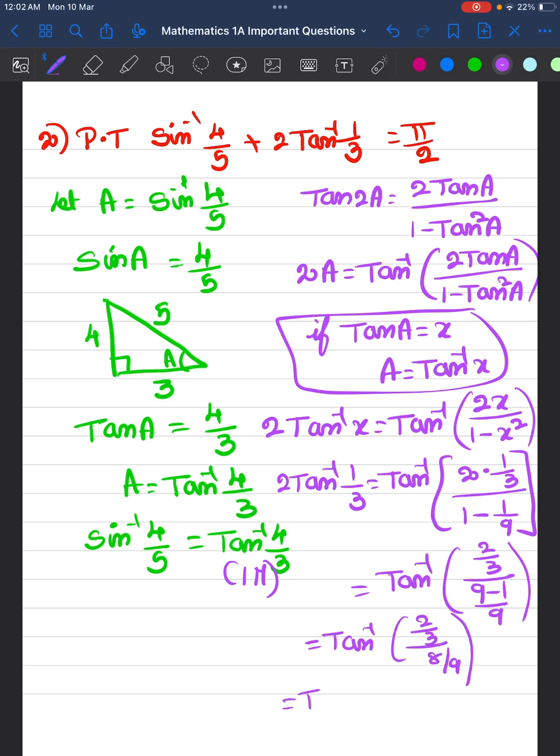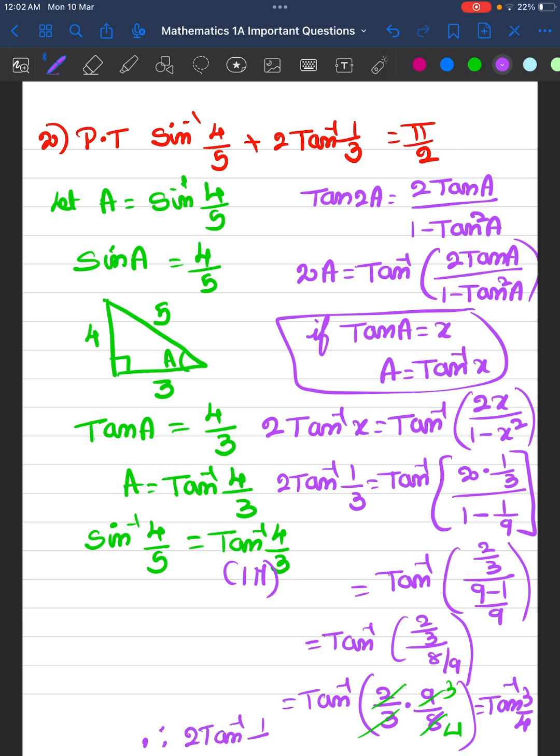So we know that the denominator of the denominator goes to the numerator. So 2 by 3 into 9 by 8 it will become. If I simplify, 3 3s are 9, 2 4s are 8. Correct? So this can be written as tan inverse of 3 by 4. Therefore, I can replace 2 tan inverse 1 by 3 by tan inverse 3 by 4.